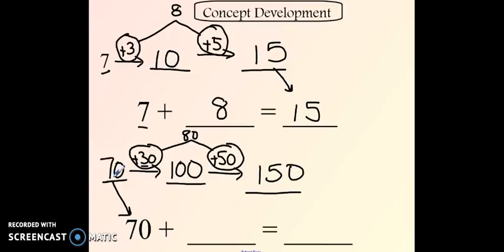So to 70, I added 80. So I'm going to write 80 on this blank. And then 70 plus 80 gives me 150. So I bring down my answer after the equal sign. 70 plus 80 equals 150. So that's how we can use our arrow method to write a regular equation.